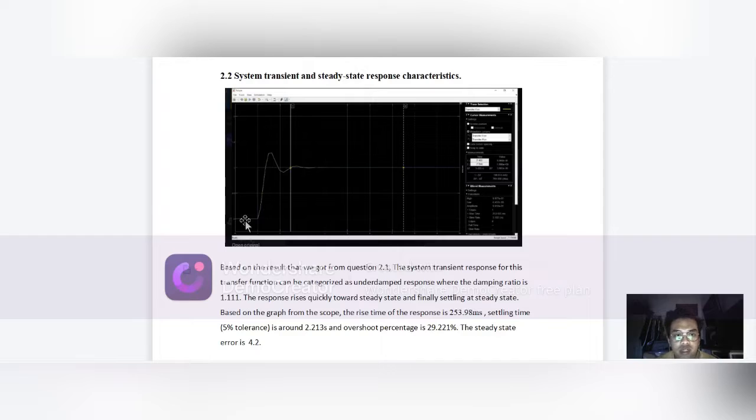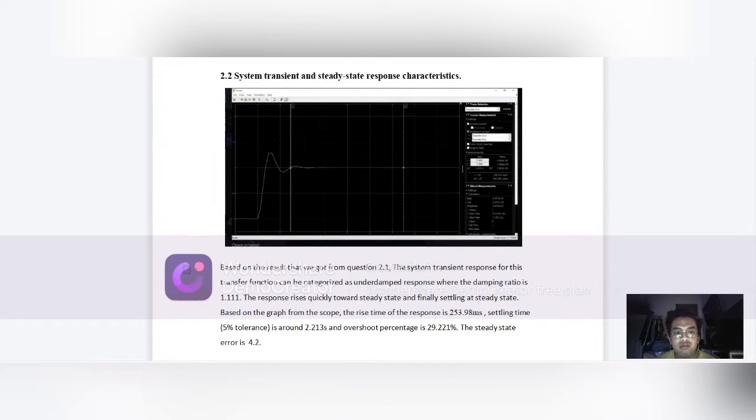Based on this graph, the rise time from the graph is 253.98 millisecond. The settling time is around 2.213 seconds, and the overshoot percentage is 29.221%.